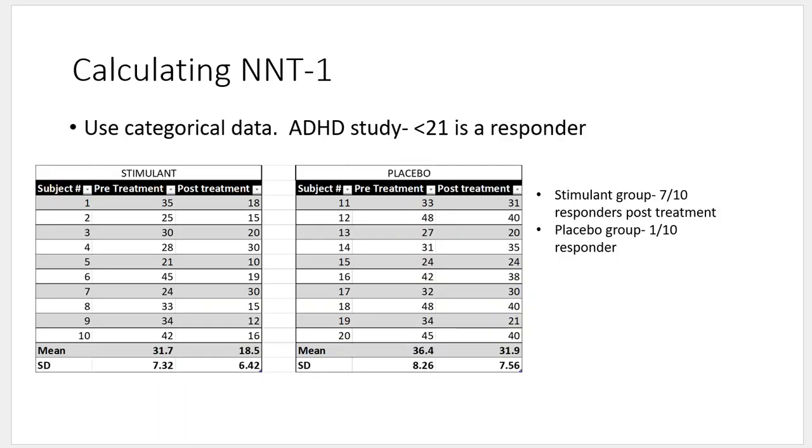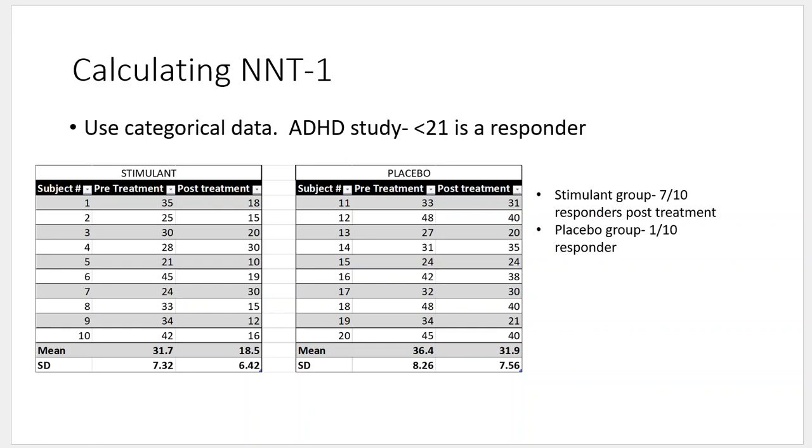So let's go back to our NNT. To calculate NNT, let's go back to our ADHD study. Now we're going to use categorical data. Let's just say that anyone whose ADHD score went below 21 is a responder. And in the stimulant group, we have 7 of 10 are responders.